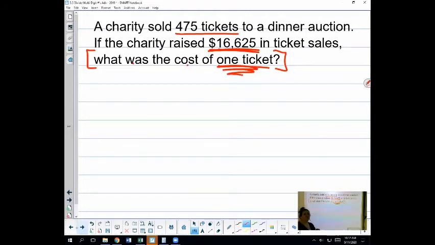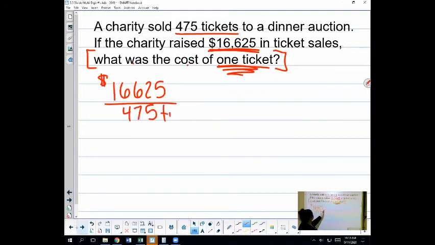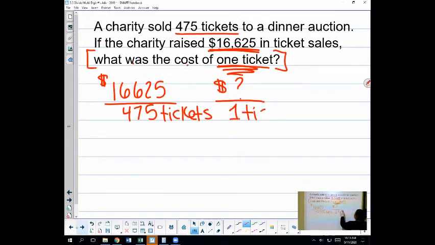Heck no. You're going to take the total amount of money that they earned and see what each ticket cost. This was the money, and this is how many tickets they had. The question asked is how much did it cost for one ticket, so you're going to divide.